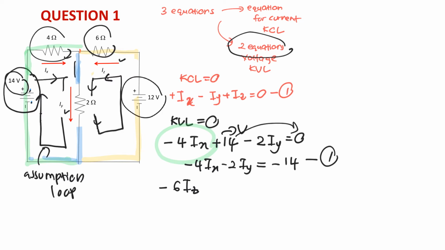Focus on the 12 volt over there. My assumed loop is moving from where? Positive to negative or negative to positive? Sorry, it should be like that, right? From negative to positive, therefore it's going to be, yes, very good, positive 12.